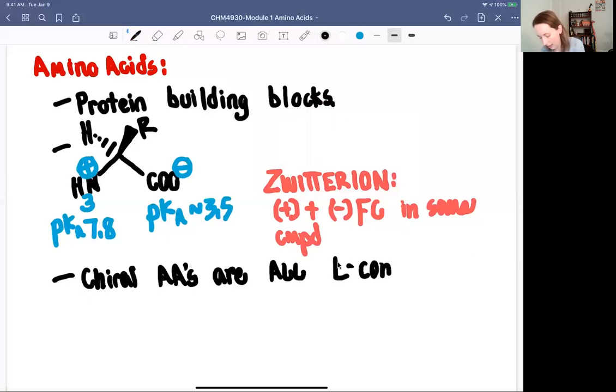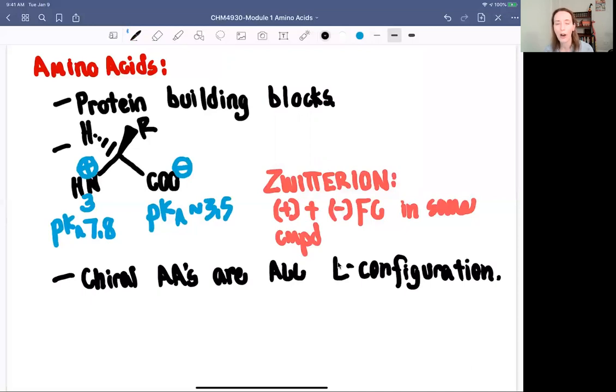And you might be saying, now wait a minute, I think I've heard some things about D amino acids. That would be the enantiomer of the L amino acid. And you're right, if you're digging into your brain reservoir there and thinking of D amino acids, there are examples of D amino acids, particularly in bacteria.